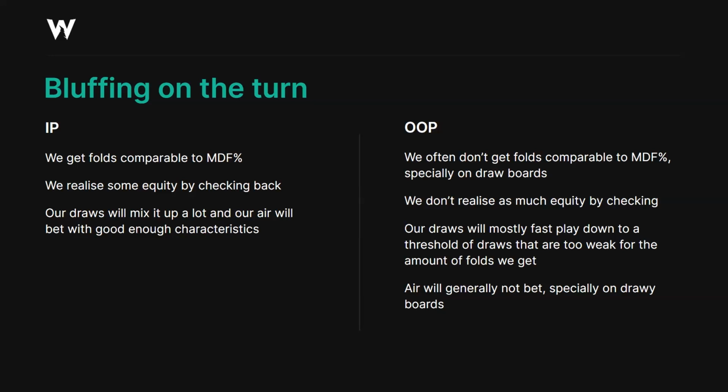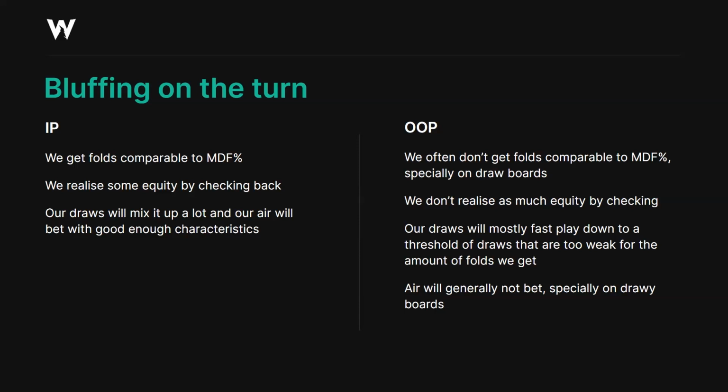And with draws, yes, we can bet and inflate the pot, which is good in case we hit our draw. But also, if we check back, we avoid getting raised. We realize our pair outs. We just realize a lot of our robust and non-robust equity by checking back. And so both our draws and our air will mix it up to some extent.